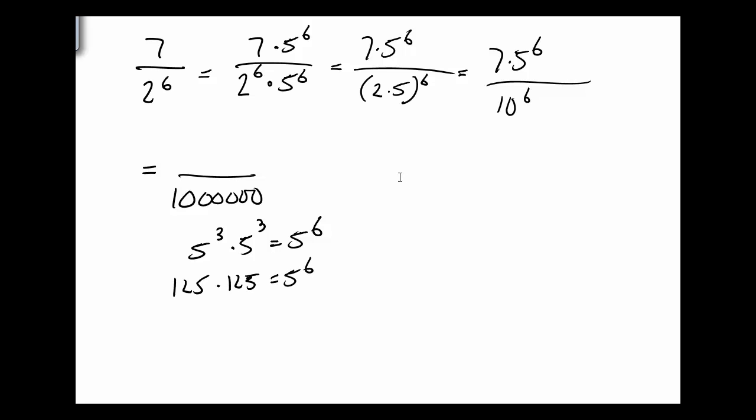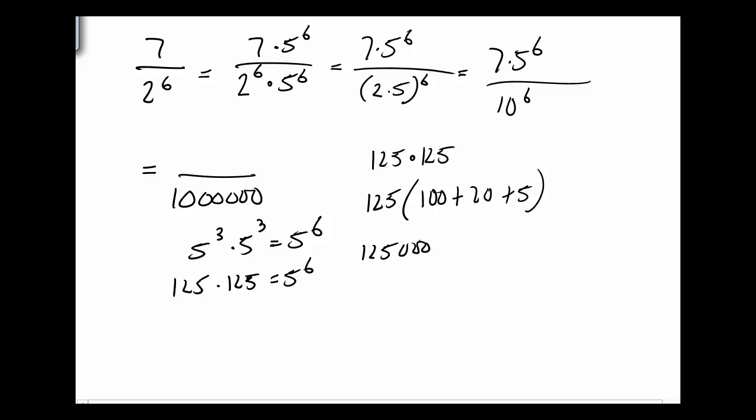Okay, so I want to do 125 times 125. I'm going to do a little bit of an expanded technique here. I'm going to say that's 100 plus 20 plus 5. And that hopefully can be a little bit easier to do in our heads, maybe. So 125 times 100 is 12,500, sorry, 2 zeros, not 3 for that one. 125 times 20 is, well, 125 times 2 is 250.